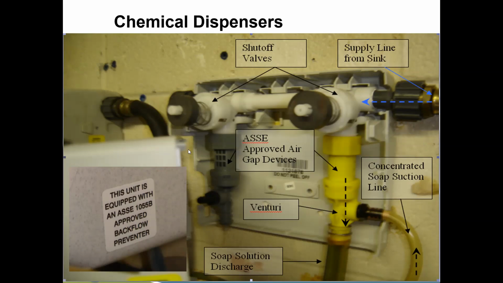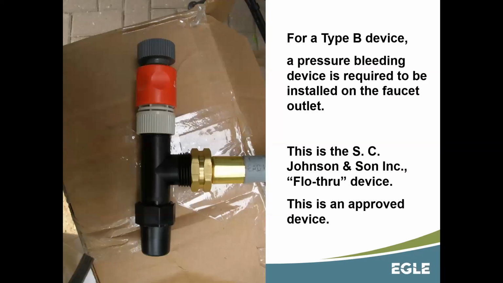So at a glance, you should be able to take a look at these and have an idea: is this good or not? Is it acceptable? If it's missing that marking, you may need to open it up to check, does it have these air gaps? Does everything look like it's set up? But most of the time, it will not be that complicated. So again, on those type B devices, we talked about how they have this pressure bleeding device that's required to be installed with it.